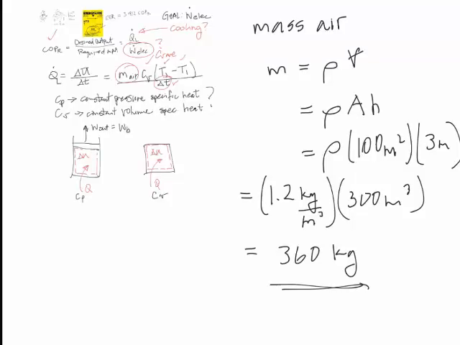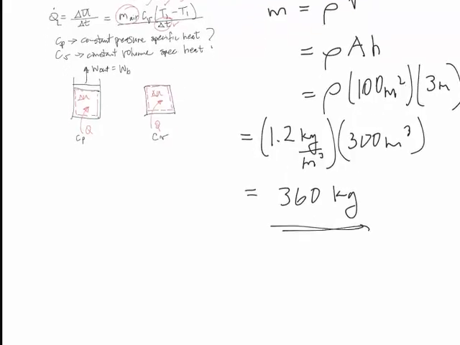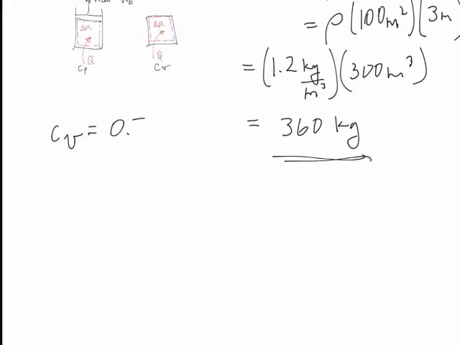We've got time, we've got our change in temperature, we've got C sub V, which is 0.718. If I look on page 900, Table A2 for air, changing from 300 Kelvin to 350 Kelvin, it changes by a fairly small amount, so let's call our C sub V 0.72. And now we've got everything to solve the problem.